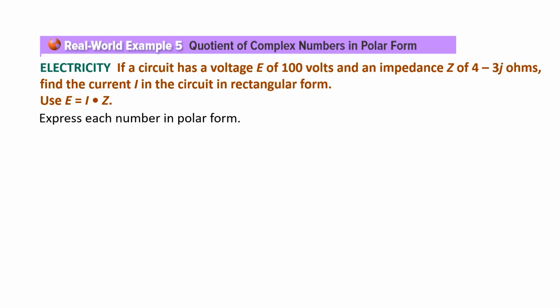So here we can write 100 as 100 plus 0i, which is our first complex number, and impedance is already written in the correct form, 4 minus 3j.